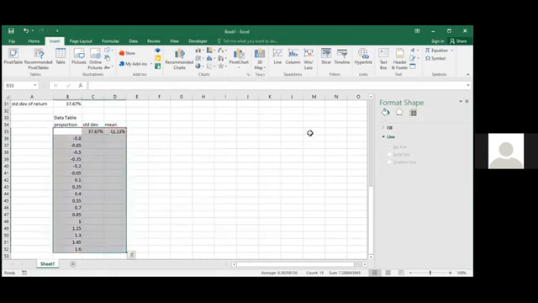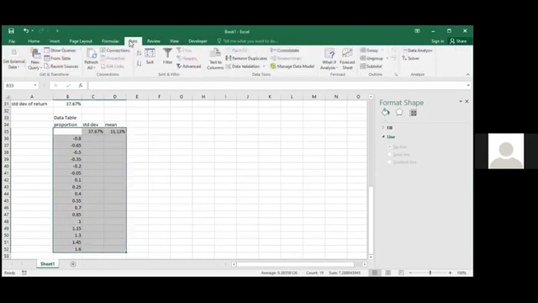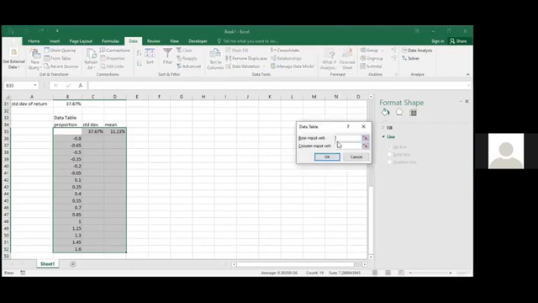No. Before we highlight the range, then data, what if analysis, data table, then column wise we have entered all proportions of portfolio 1.